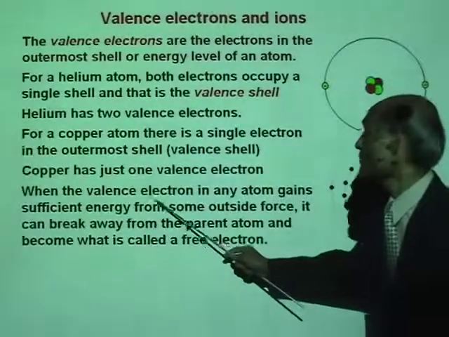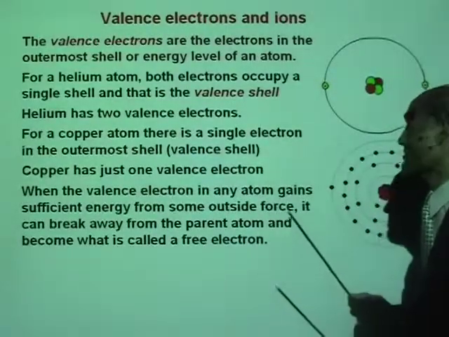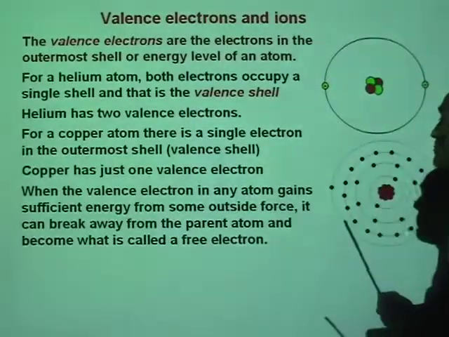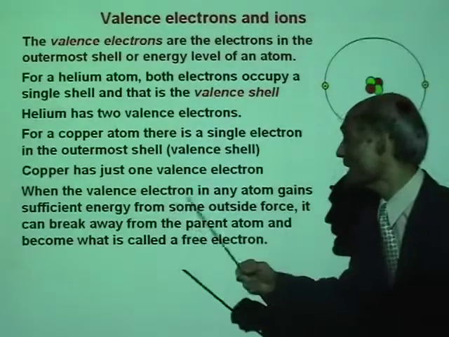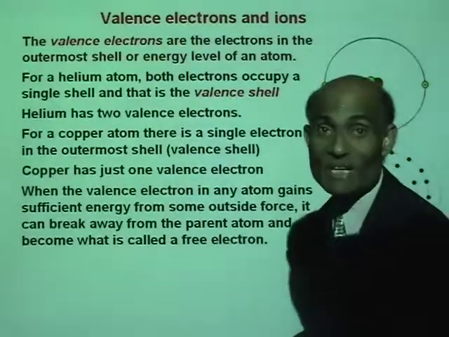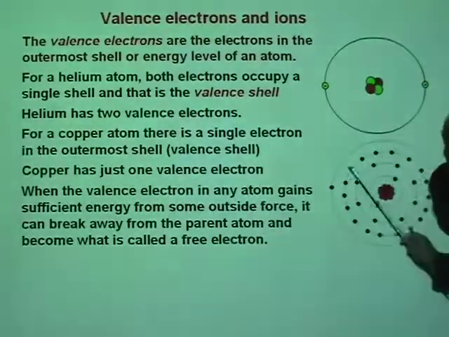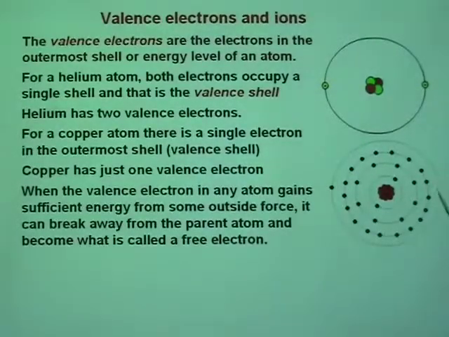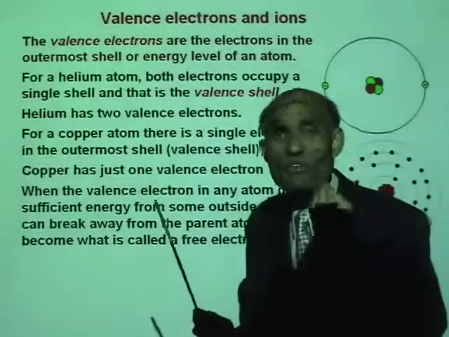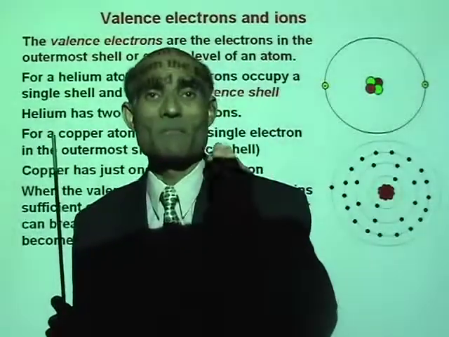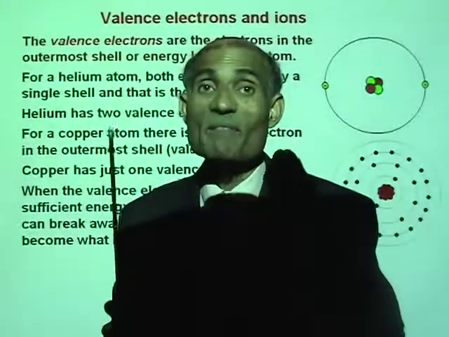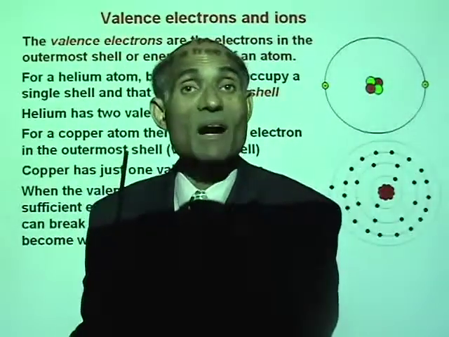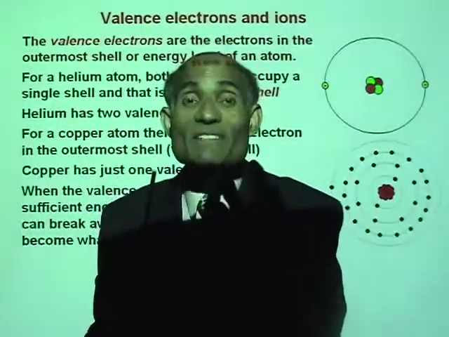Now, when the valence electron in any atom gains sufficient energy from some outside force, it can break away from the parent atom. Especially for atoms where there are only a few valence electrons. You remember every atom would like to have its outer shell with how many electrons? 8 electrons.